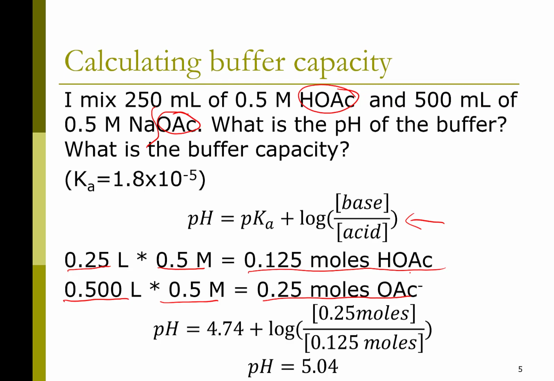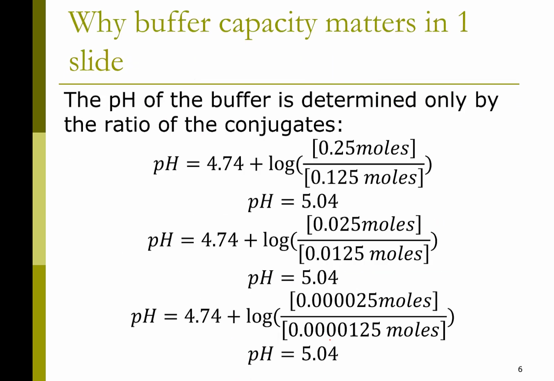And with Henderson-Hasselbalch, the pKa is just the negative log of the Ka. The pH of this buffer, as made, when I just mix the acetic acid and sodium acetate, is 5.04. If I want the buffer capacity, the question is how much acid or how much base could I add to move the pH by 1 pH unit?